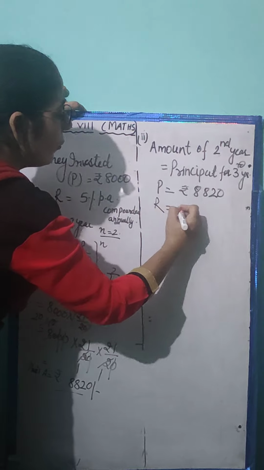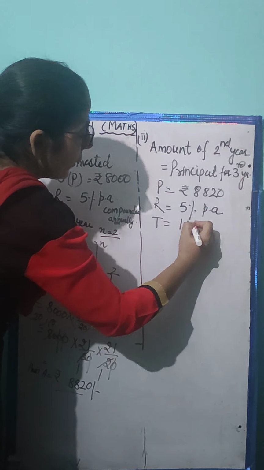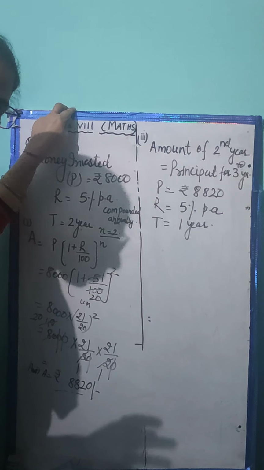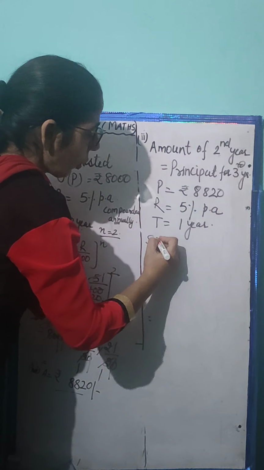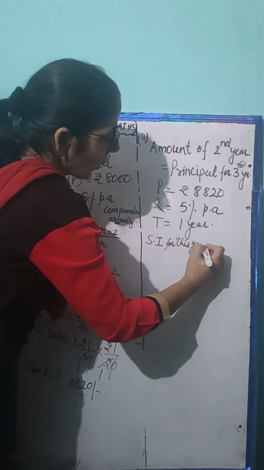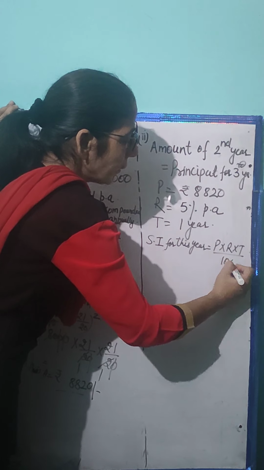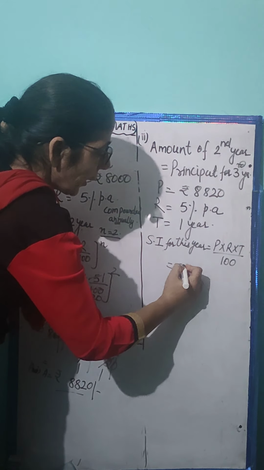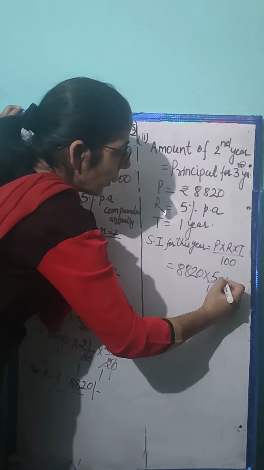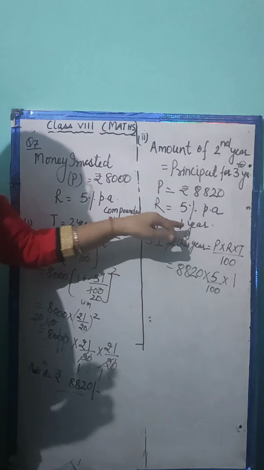So rate is again 5% per annum and time is 1 year. For 1 year, there is no difference in simple interest and compound interest. So simple interest for third year is equal to P into R into T by 100. So putting values, 8820 into 5 by 100, because we have to find for third year only. Third means it's 1 year only, na?